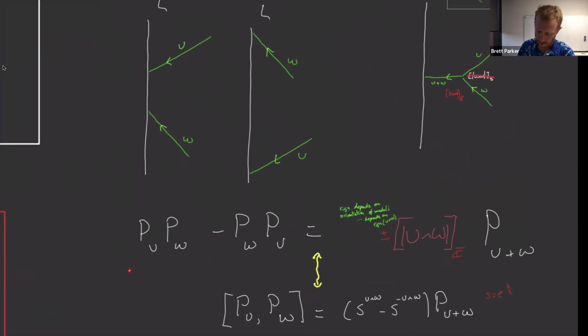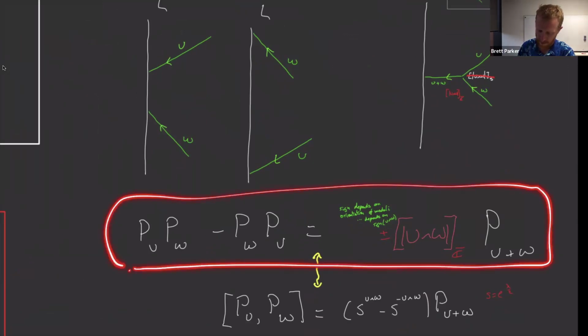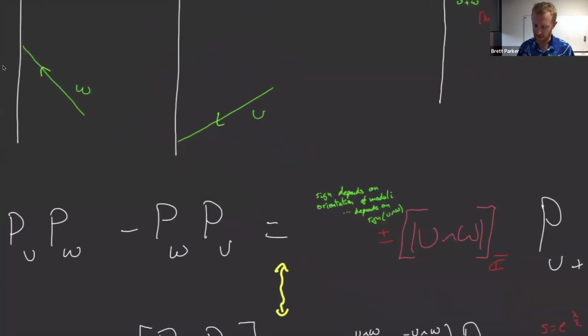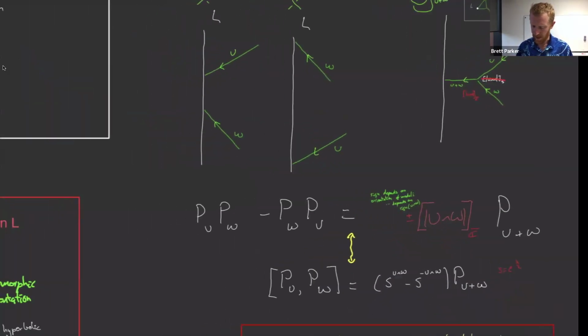Okay, so we get this. The sign you get here depends on the orientation of the moduli spaces, which depends on this sign of V wedge W. So that works out.